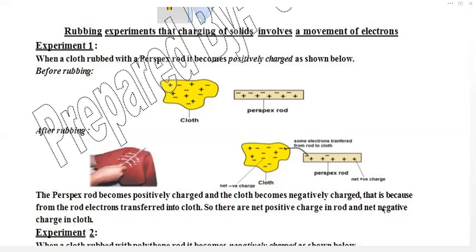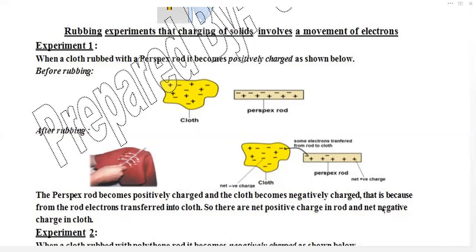So you can see the perspex rod has the maximum number of protons. All the maximum electrons will shift from the perspex rod to the cloth. So we can simply say the perspex rod has an excess of positive charges.